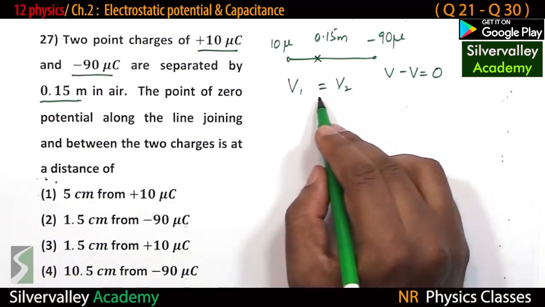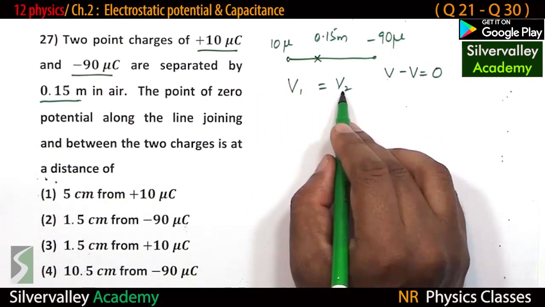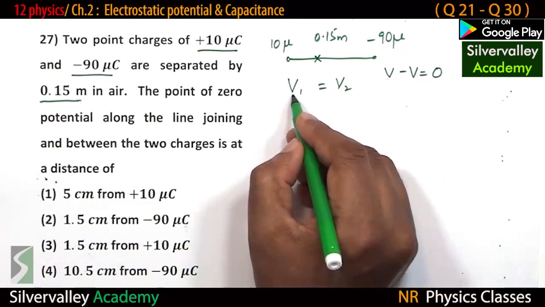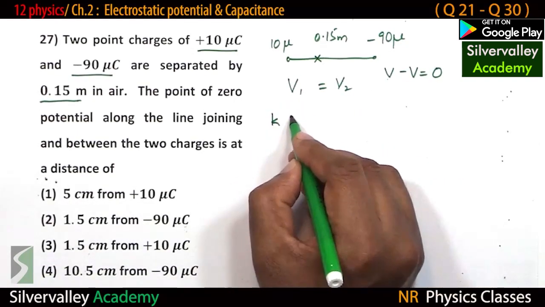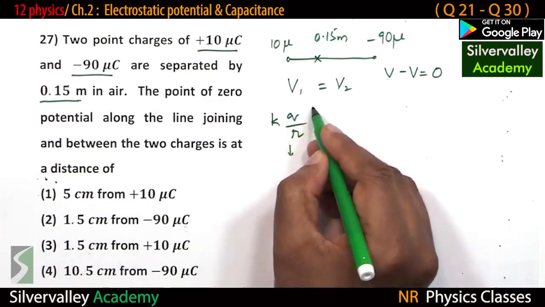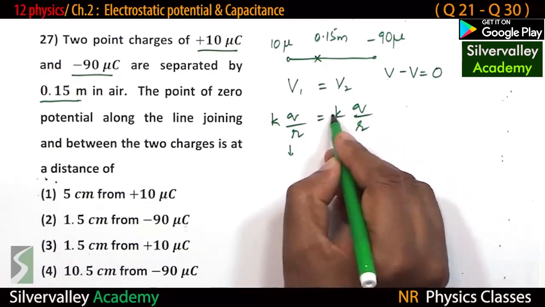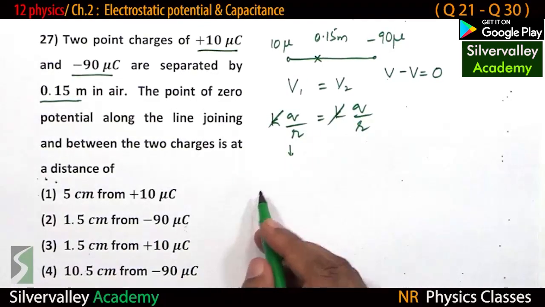Means potential due to the first charge should be equal to potential due to the second charge. Potential is constant times charge by distance, isn't it? Therefore, the constant cancels with this.